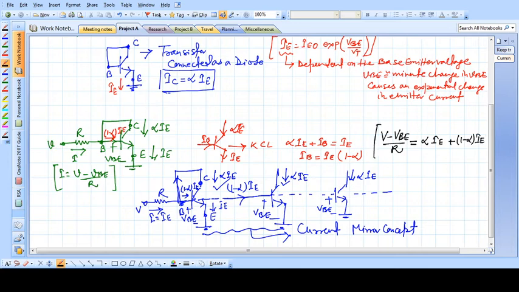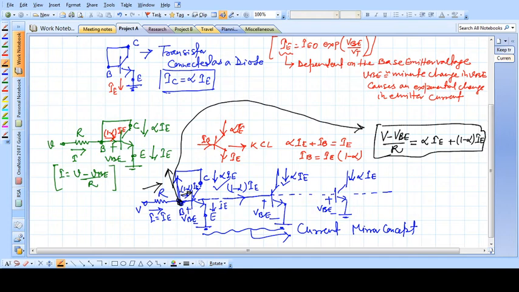Is it okay? V minus VBE, then this current is nothing but simply this current plus this current. So if we write the KVL, KCL, we can write (V minus VBE) by alpha I.